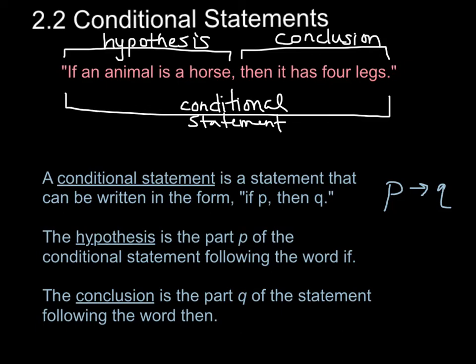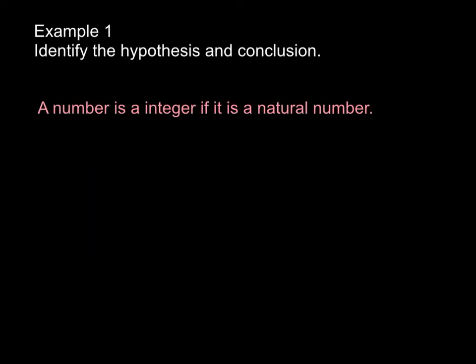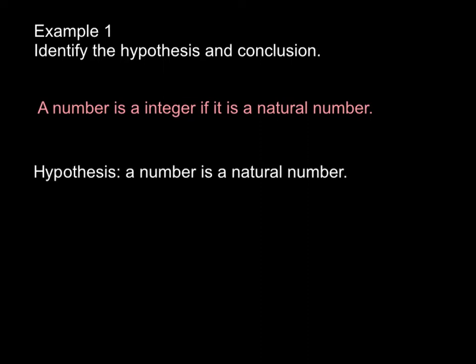And let's start with our first example. Example number 1. Let's identify the hypothesis and the conclusion. So here's your conditional statement. A number is an integer if it is a natural number. Now this is going to be weird because it's an if-then statement, but notice where your if is. Your if is at the end.